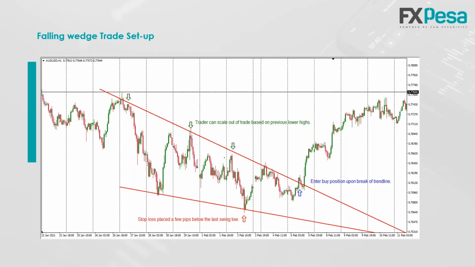All right. And here another example, the setup for a reversal. This is for scaling out. These are the targets. Anytime that level is reached, the price starts consolidating there.